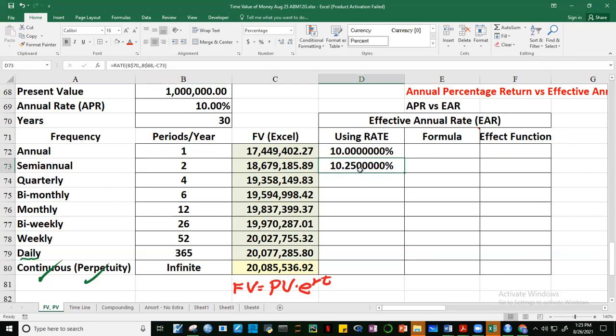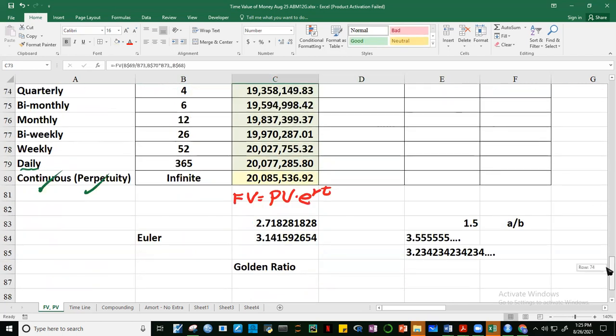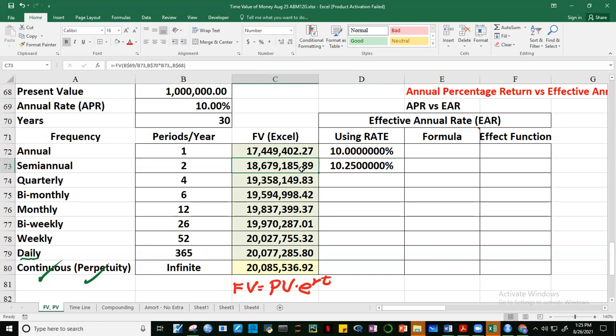Okay, so definitely it's bigger, guys, because we get a higher future value compared to annual compounding, where we get 17,449. With semi-annual, we get 18,667. So we expect that the rate will be higher. And this is called your effective annual rate. Okay, this is also an effective annual rate, but it is the same as the annual percentage rate or the nominal rate or the stated rate.